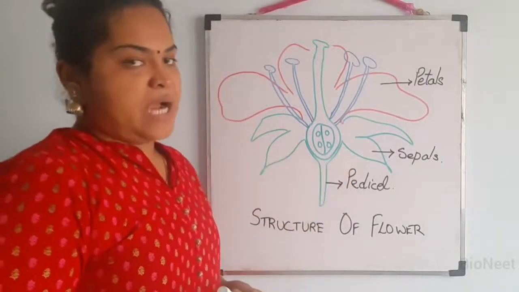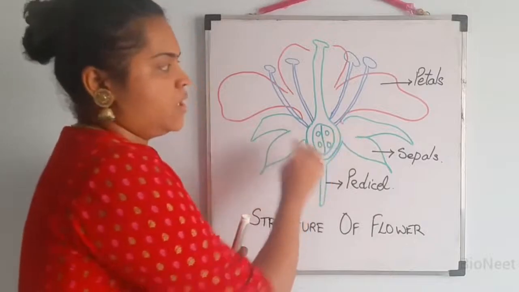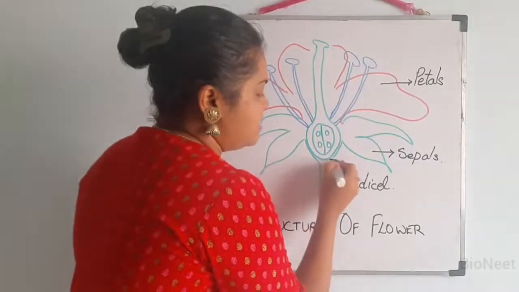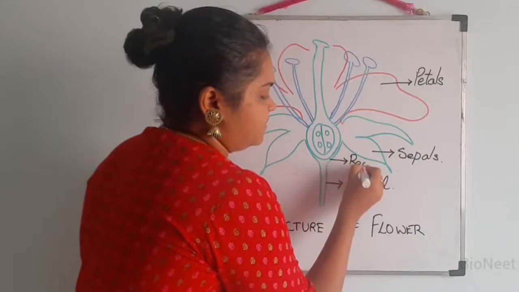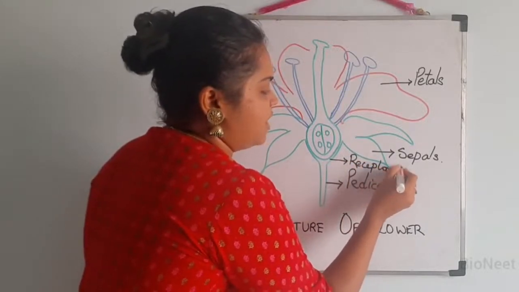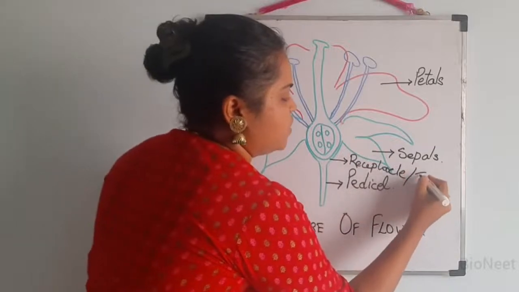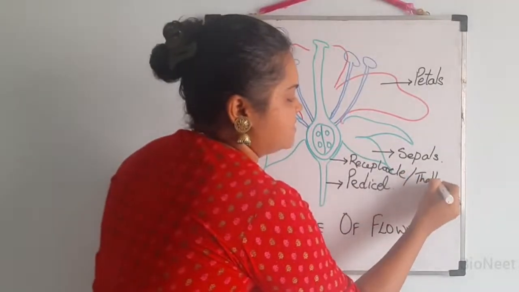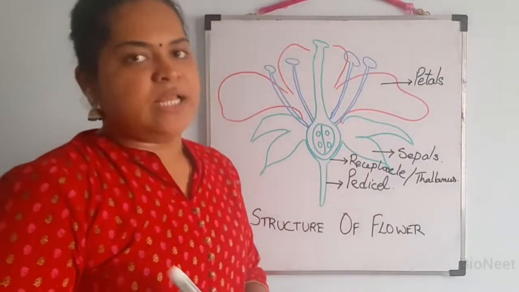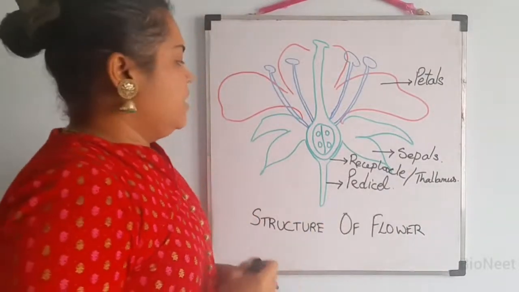That part which holds all the other parts of the flower is called the receptacle, or we also call it the thalamus.